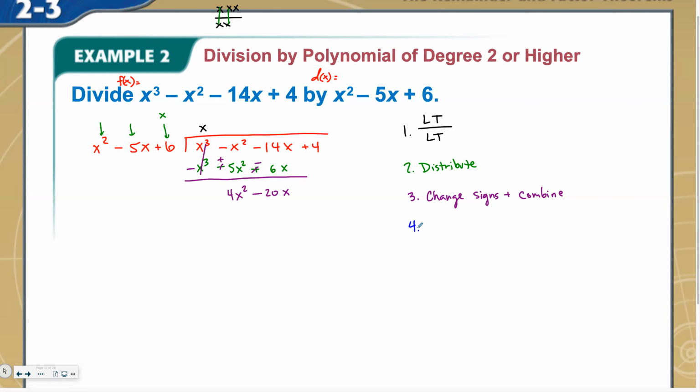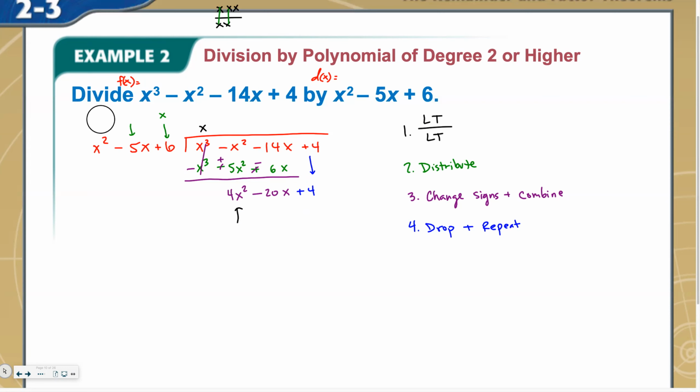Which takes us to step 4. All right, Angelin, what do you got on this? Drop and repeat. So this time we only have to drop one time. There's only one number that drops that we haven't used yet. It's the +4. So I dropped the +4 and now we repeat. Back to the leading term divided by leading term. 4x squared is my new leading term.